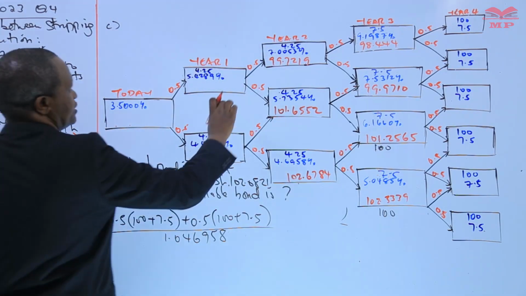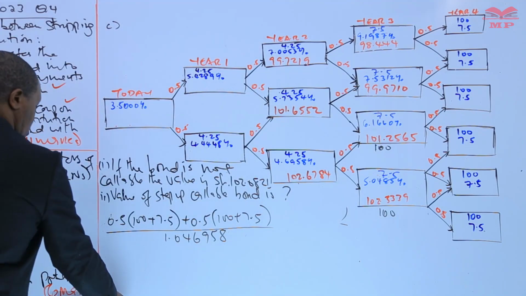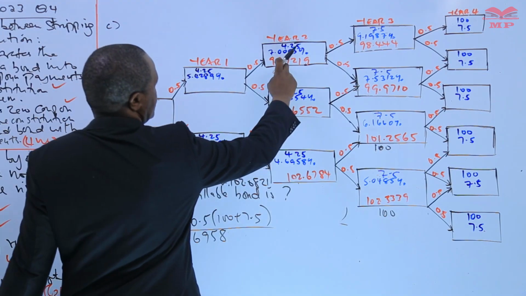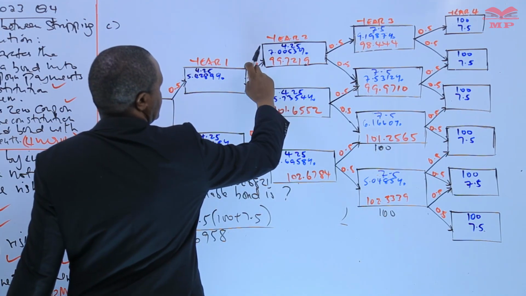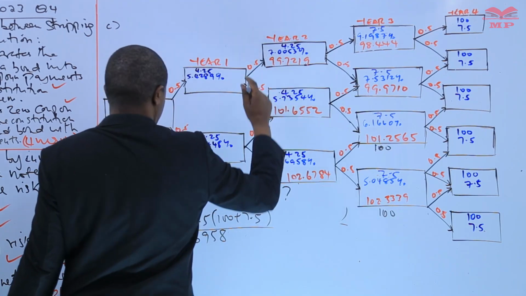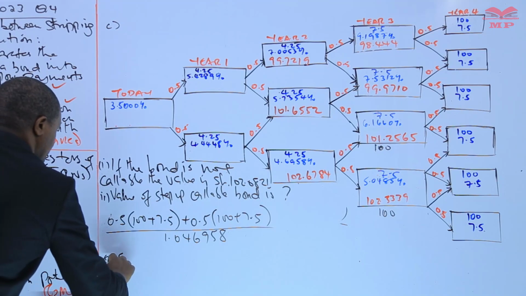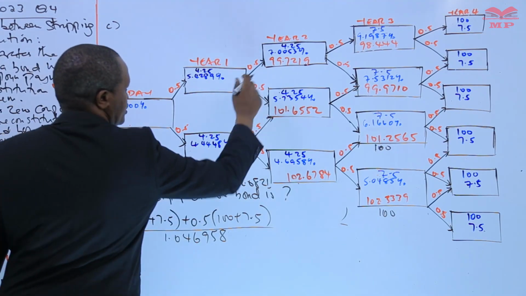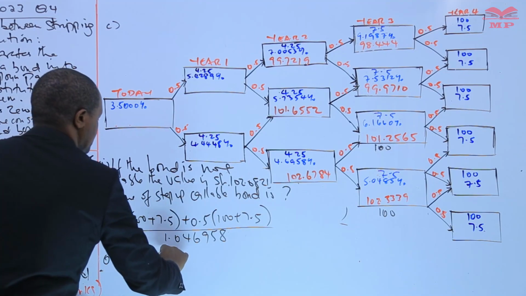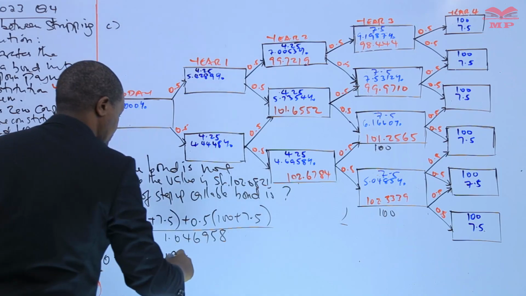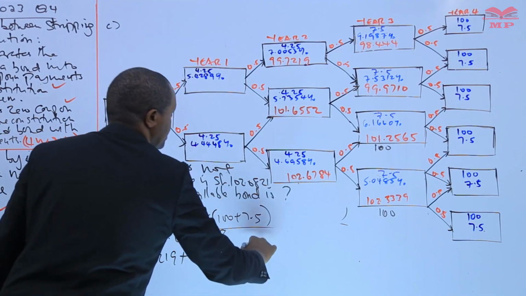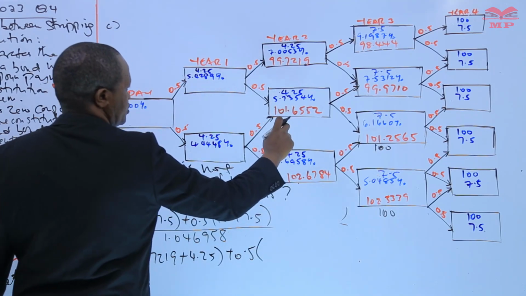We move on to year 1. Year 1, we will take this times this plus 4.25. We're going to have 0.5 into 99.7219 plus 4.25 is the interest, 4.25 plus 0.5 into 100.